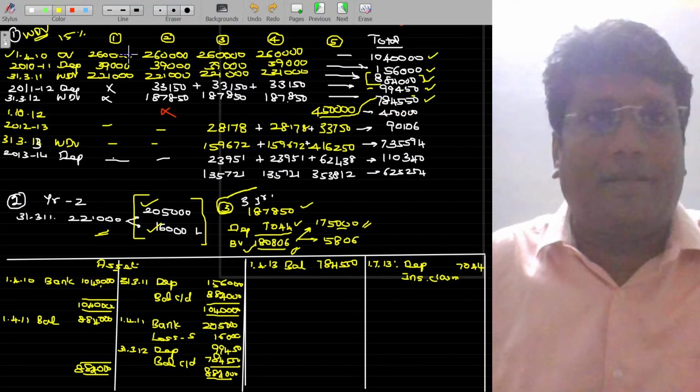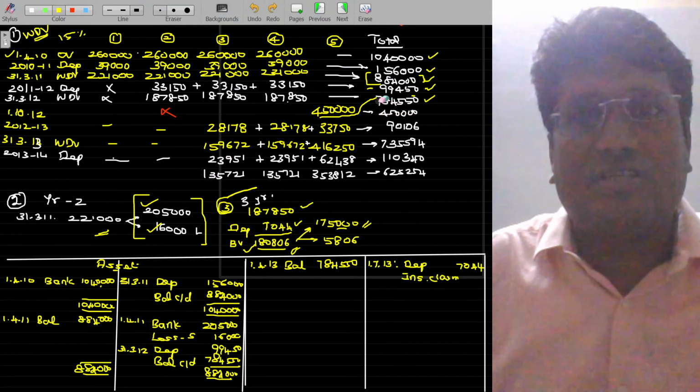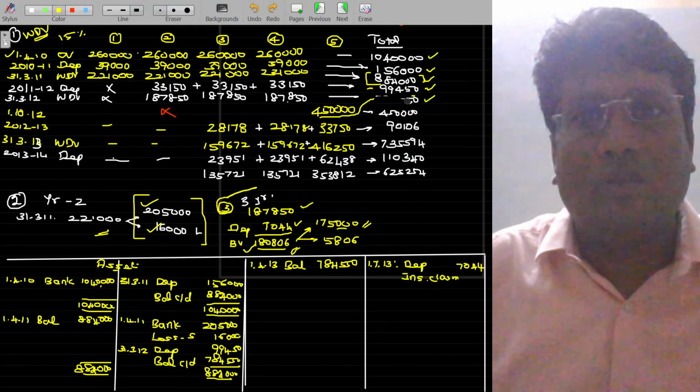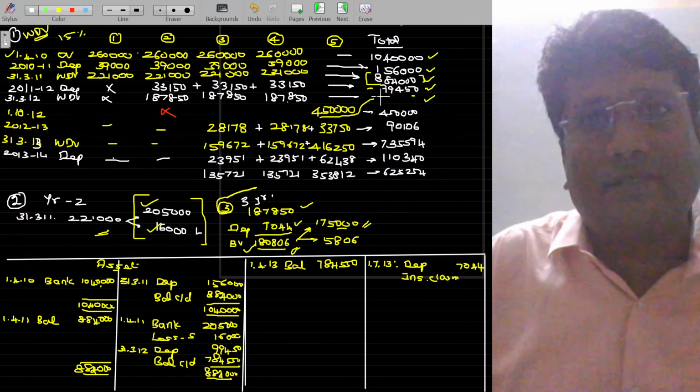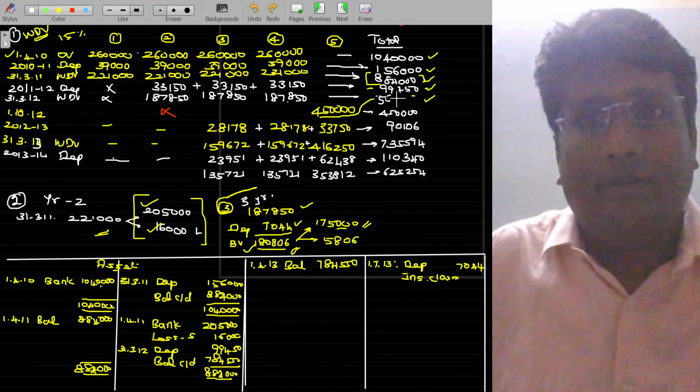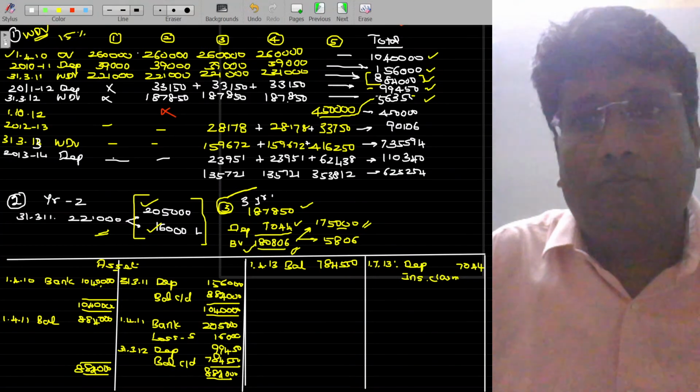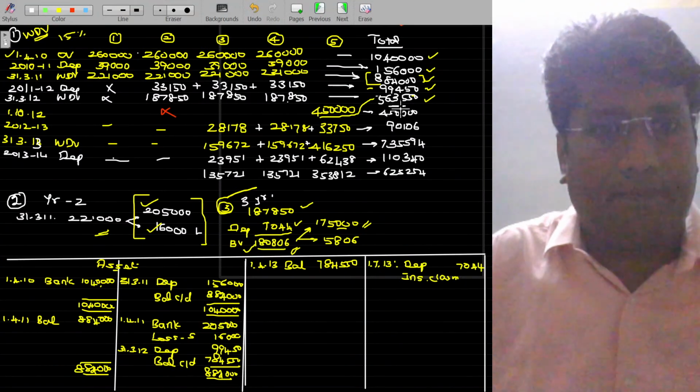Okay, once again I'll correct here. Tell me what's the value? 5 lakhs? Yeah. 5 lakhs 60? 550. Okay, I'll stand corrected here.